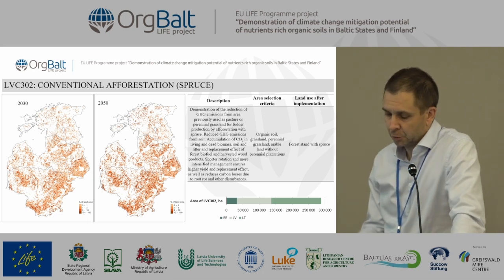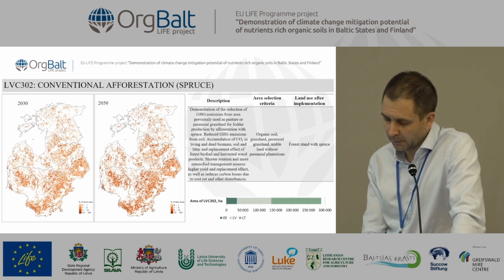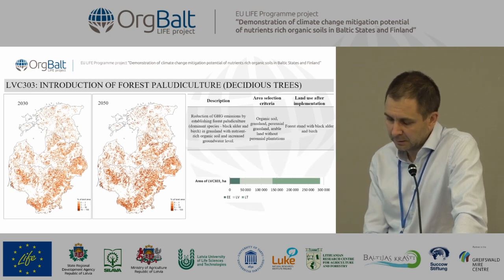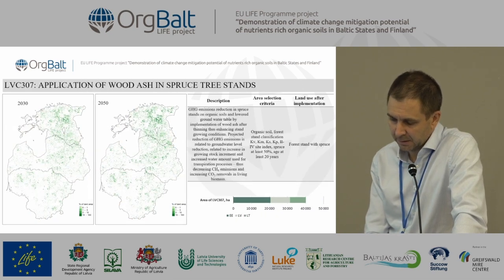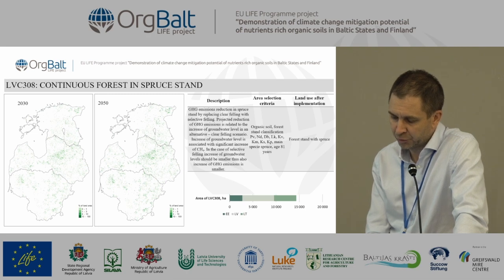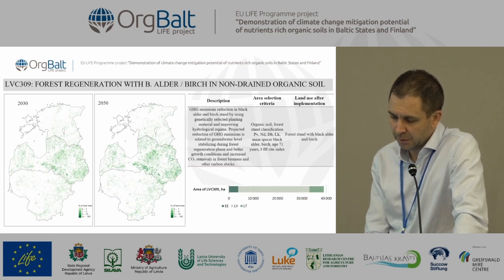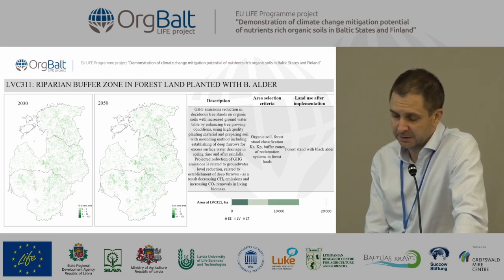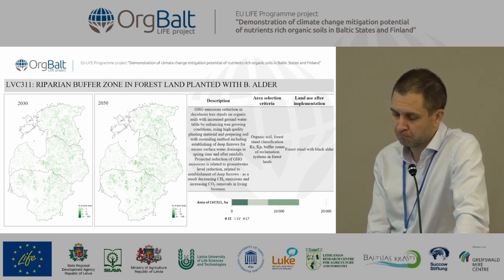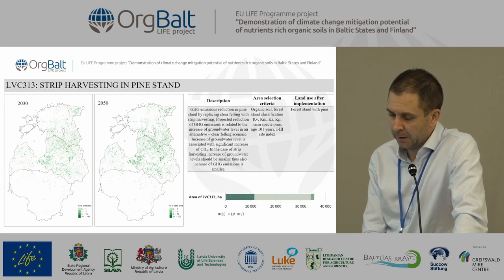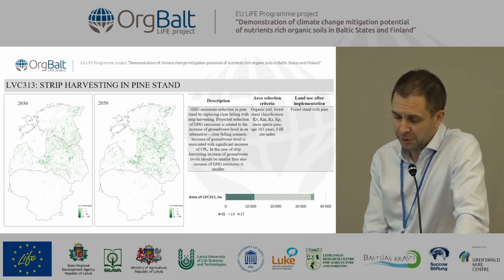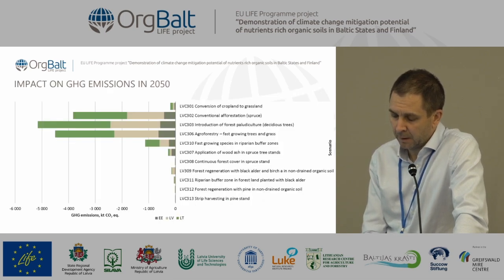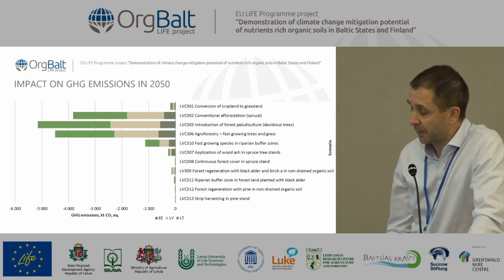So this is how it looks. And this kind of exercise is done for almost each measure. You can see visually also that it differs country by country and measure by measure.